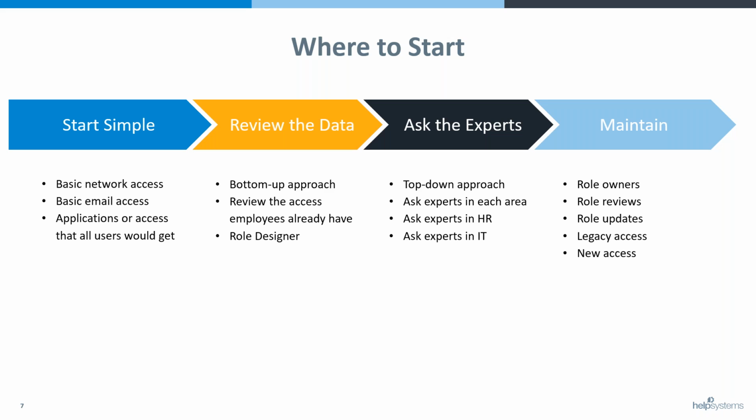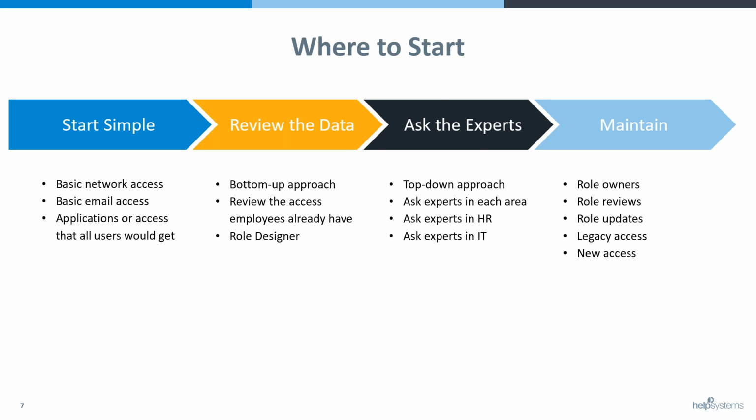The leaders and experts in the organization should play a role in ensuring that the users have only the access that they need to do their job. They will be an important part of the role review and management process. So over time, these roles will be reviewed. You might have legacy systems, you might have new applications that need to be added, and they will play an important part in maintaining the accuracy of those roles.